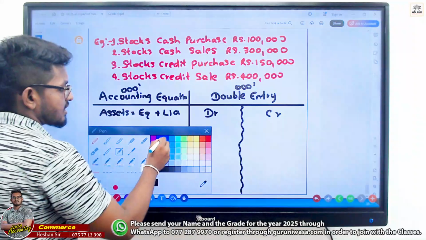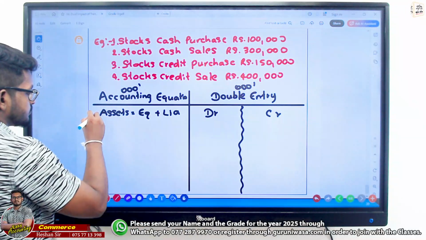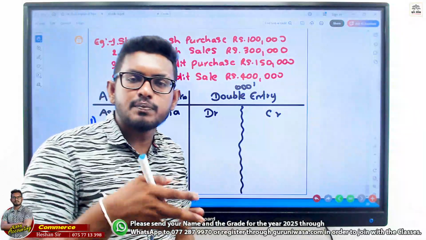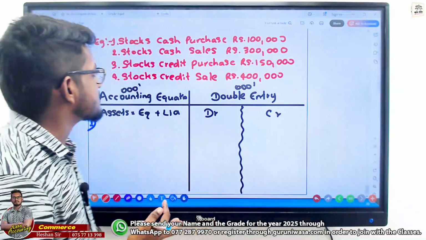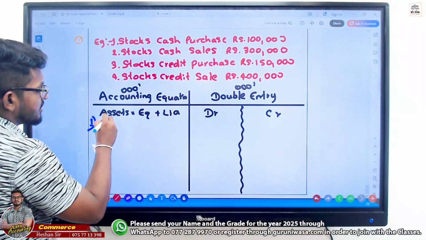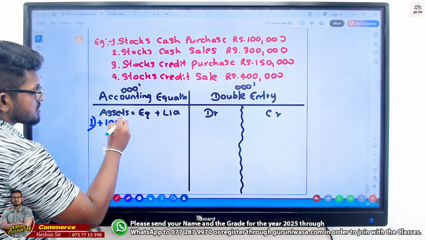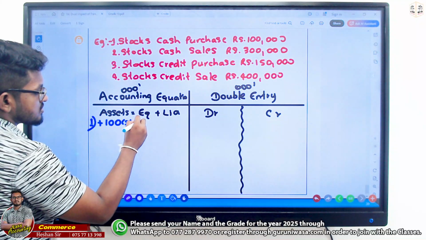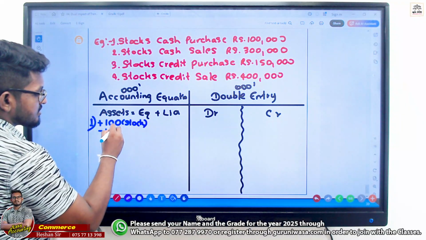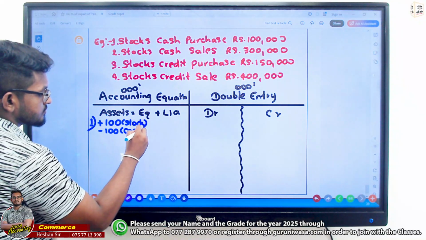I'll check number 1. What is the number 1? Cash purchase of stocks. When we purchase stocks on cash basis, what has happened? Stock asset increases 100,000. Cash asset decreases 100,000. Am I correct, guys?